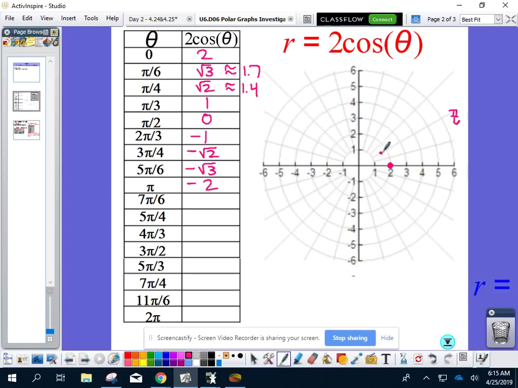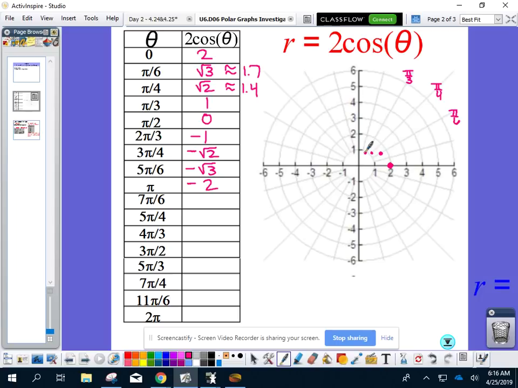So 1.7 would be about here. Continuing that process, the middle tick mark in that first quadrant, pi over 4, we're going to go out 1.4. Pi over 3, we're going to go out 1 ring.